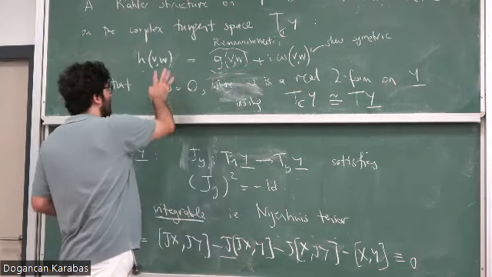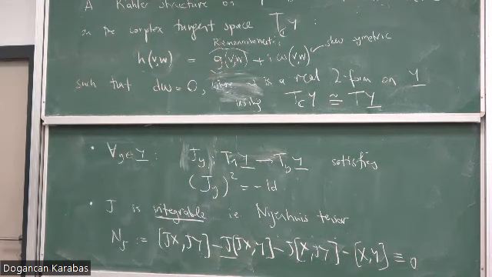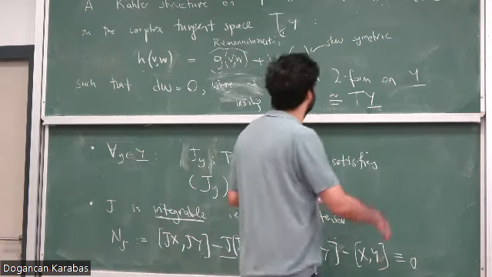It's closed, and it's also non-degenerate, which follows from this whole H being a Hermitian metric. So this omega is a symplectic form.